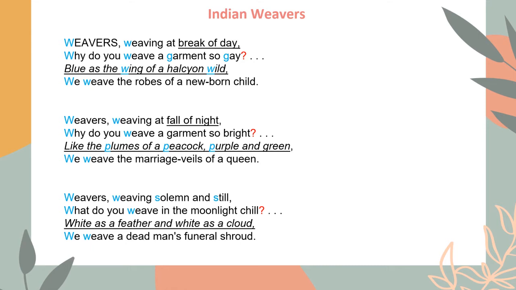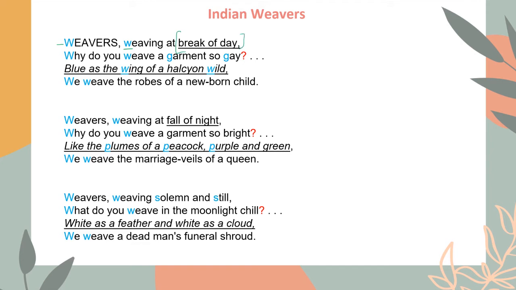Alright, so in this poem also Sarojini Naidu has used various figures of speech to bring about the beauty and the linguistic effect. So in the first line you can see the letter W is highlighted in cyan color. Since there is a repetition of the sound W, there is an alliteration over here, and also you can see that I have underlined break of day.